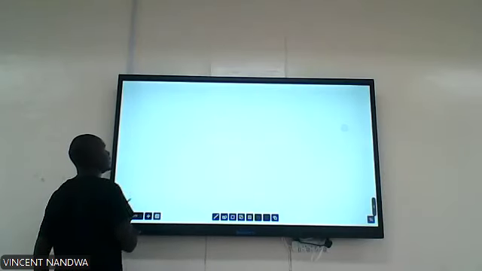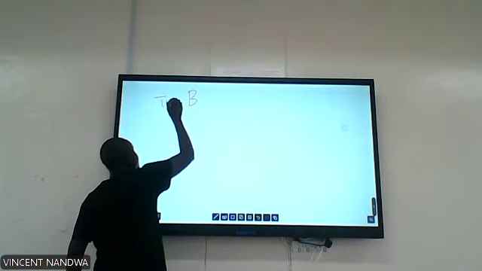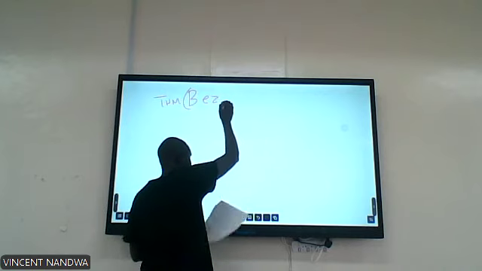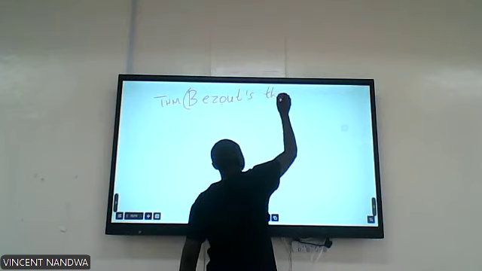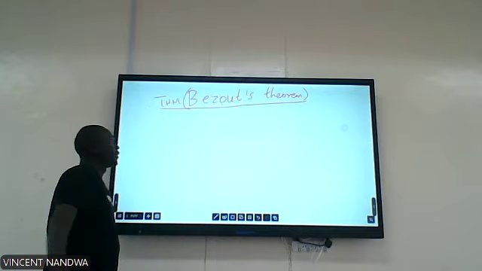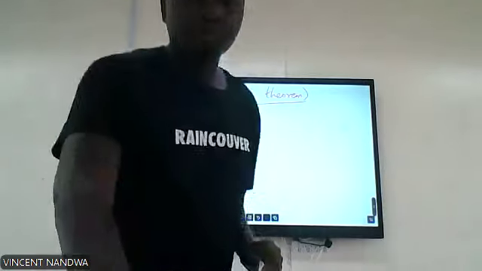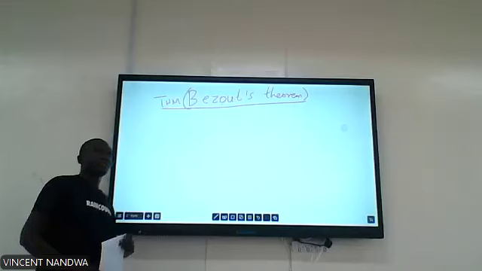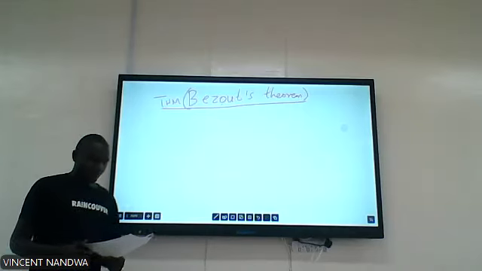So next theorem, the Bezout theorem. The Bezout theorem is built up from the division algorithm and helps us to express the GCD in terms of the numbers.